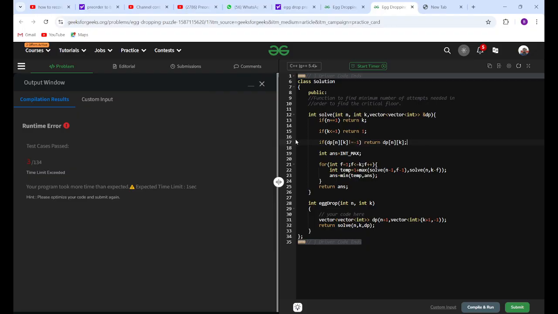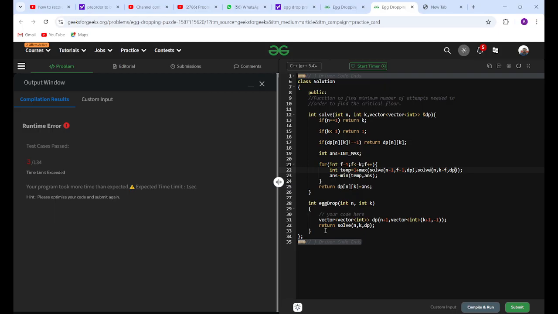Okay, and after that we will assign the value of dp with the answer, and we will also pass dp in these functions. Okay, we have done it.